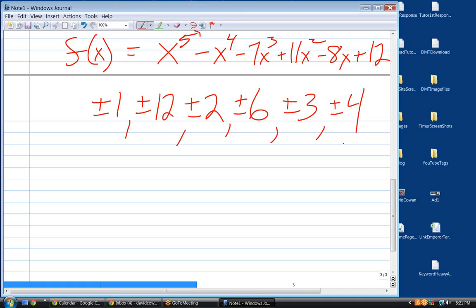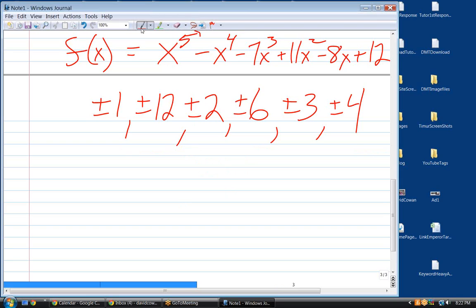And it's plus and minus because minus 1 times minus 12 is equal to 12. So those are our possible numerators. Our possible denominators are factors of the coefficient of the x to the 5th term, which is plus or minus 1. So basically that means that those are our potential rational factors.